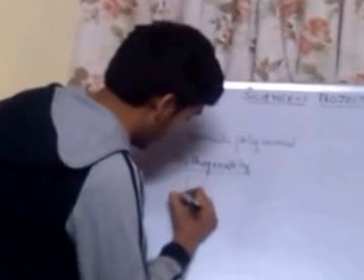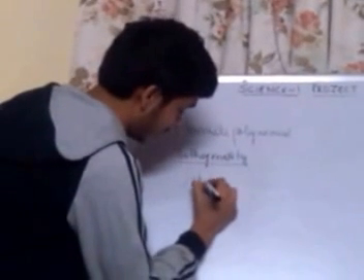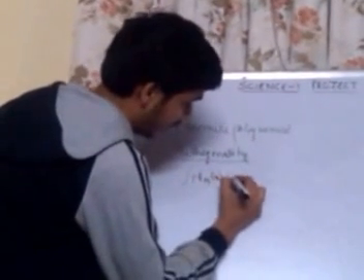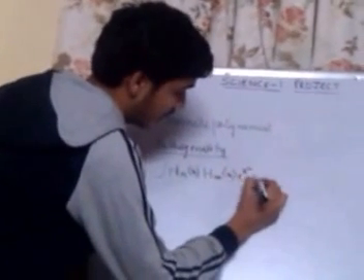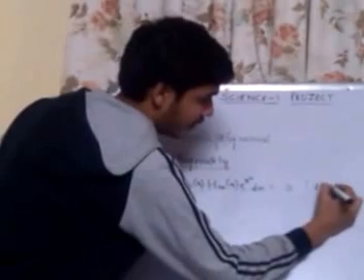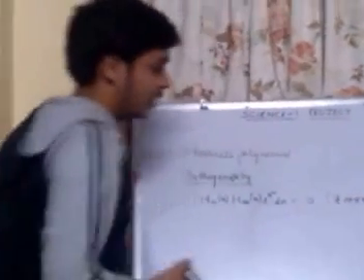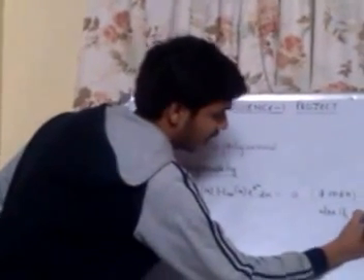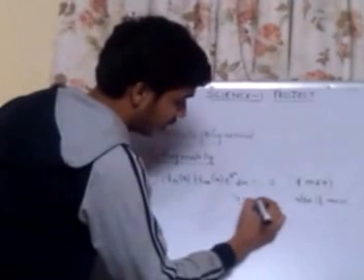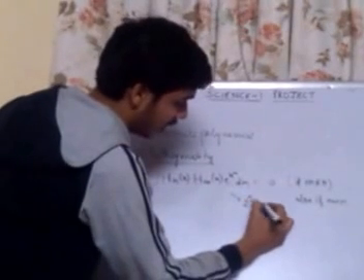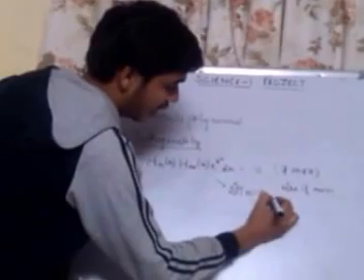That is, integration of Hn of x into Hm of x e raised to power minus x square dx is equal to 0 if m is not equal to n. And if m is equal to n, this quantity will give us 2 raised to n root pi n factorial delta of m n.